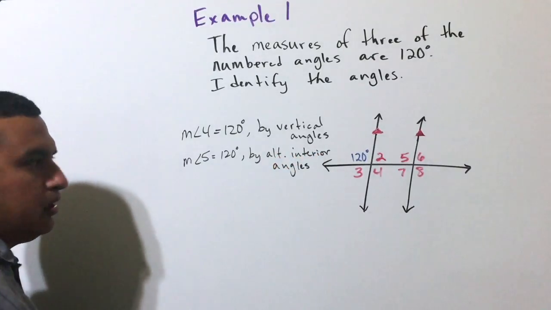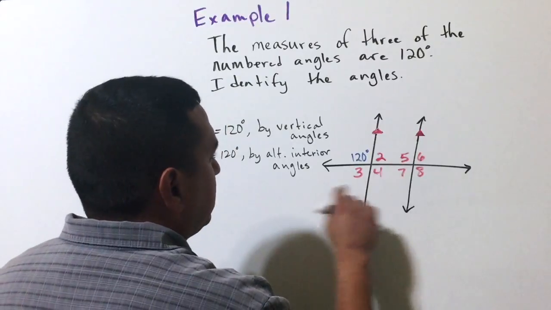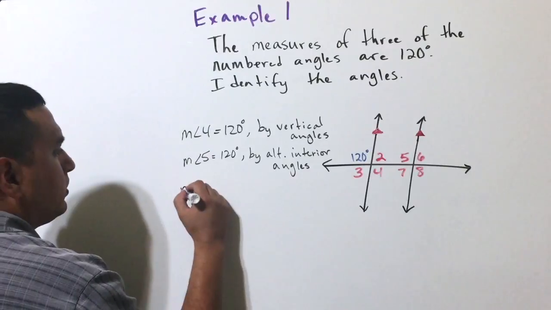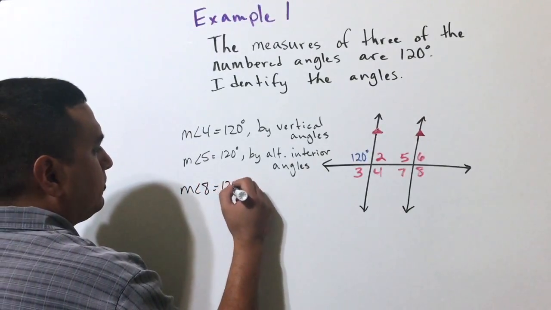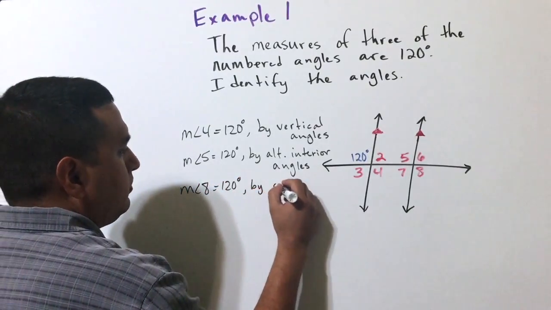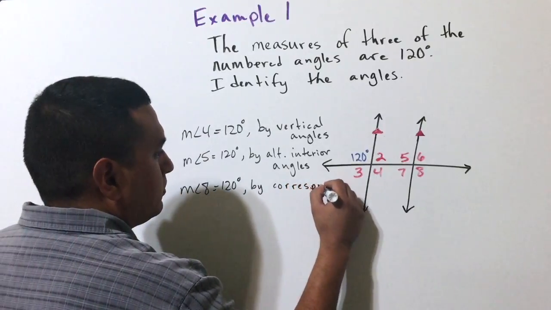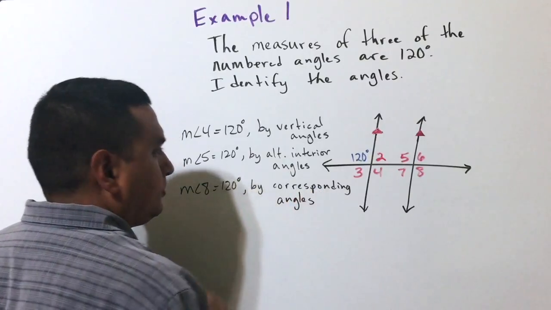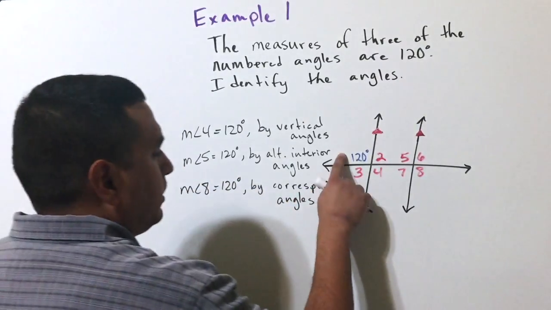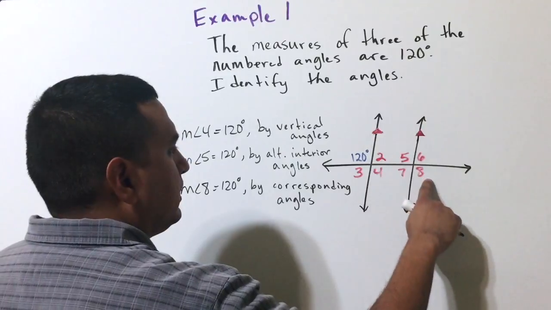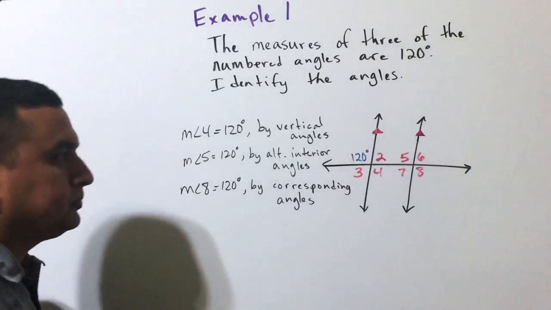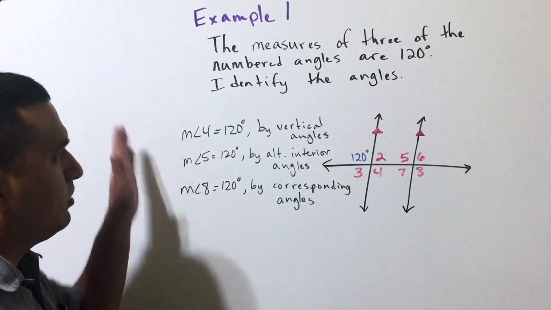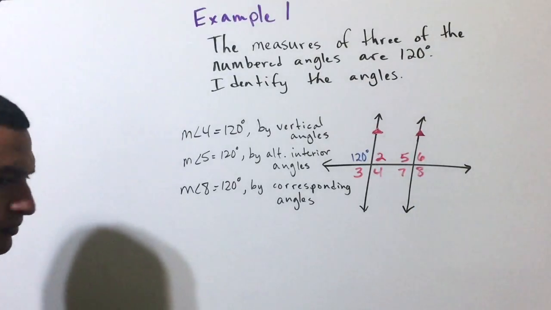The other one we can say is 120 degrees is angle 8, because 4 and 8 are corresponding angles. Okay, so angles 4, 5, and 8 are the three angles that are equal to 120 degrees.